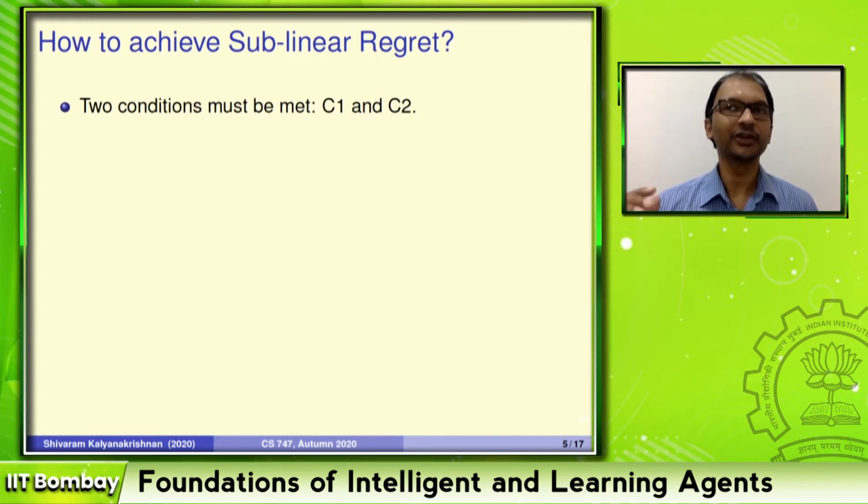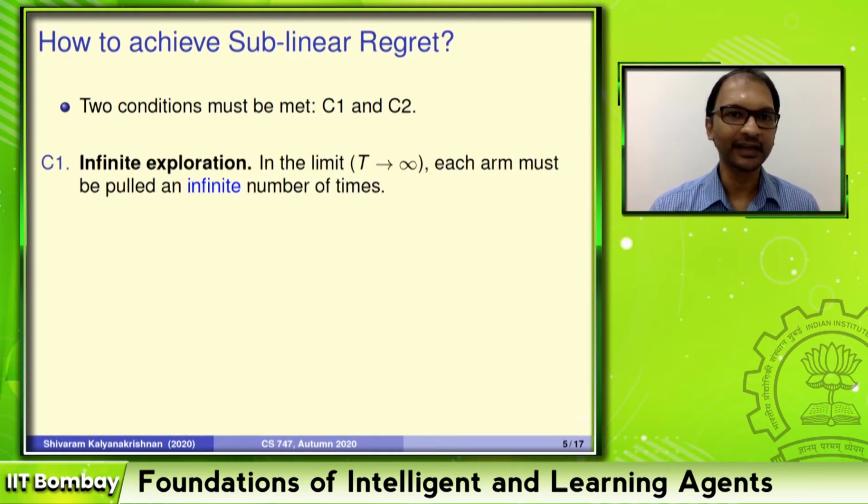In order to achieve sublinear regret, an algorithm must meet two conditions. Let's call these conditions C1 and C2. C1 is the condition of infinite exploration. What does it mean? It means if you take the limit as t goes to infinity, each arm in the bandit instance must be pulled an infinite number of times.